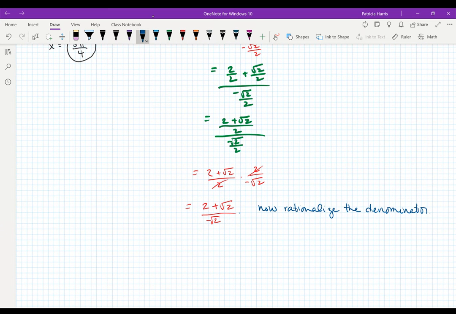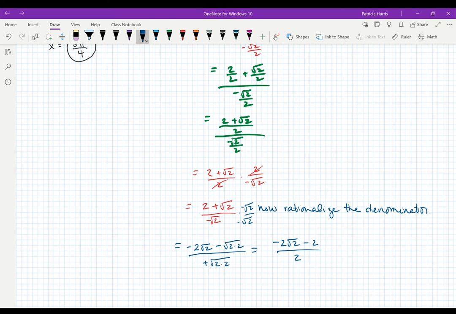So I'm going to multiply by negative radical 2 over negative radical 2. And we're going to get negative 2 rad 2 minus 2 rad 2 like that. And then positive radical 2 like that. And then eventually we arrive at that. Now, question, are we done?